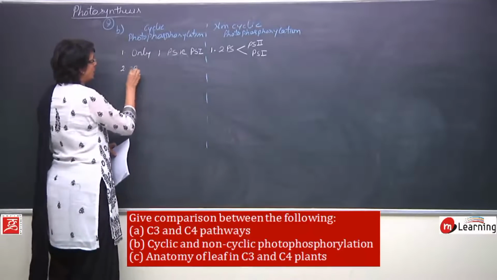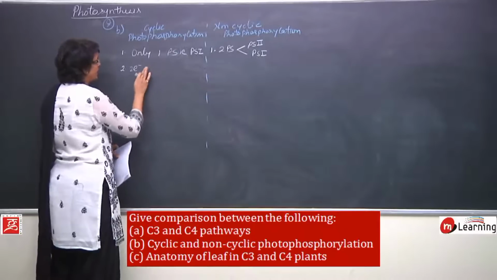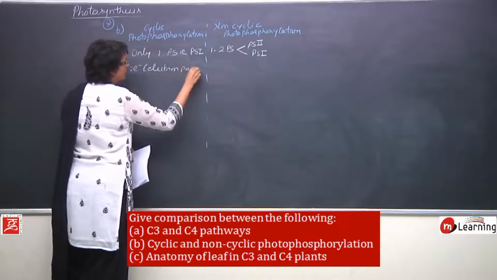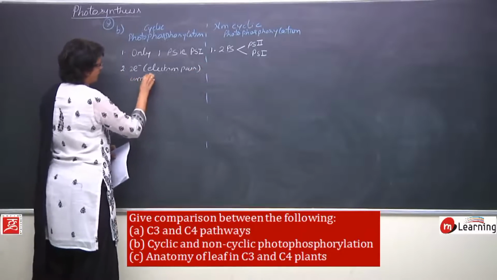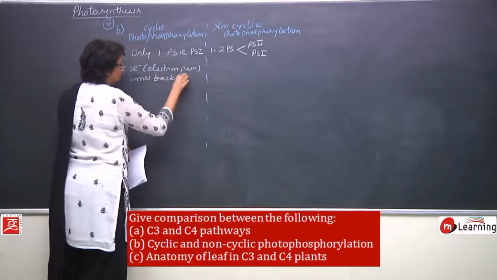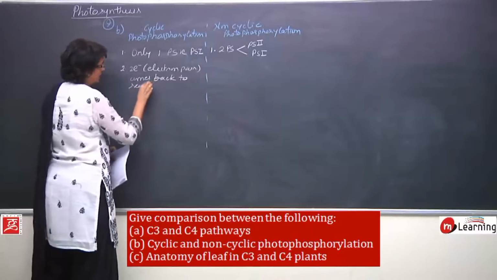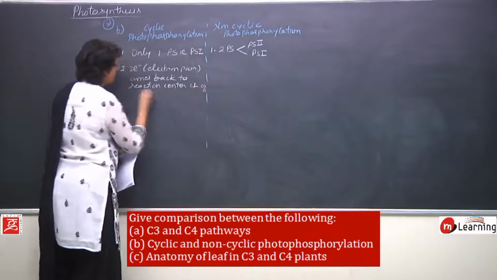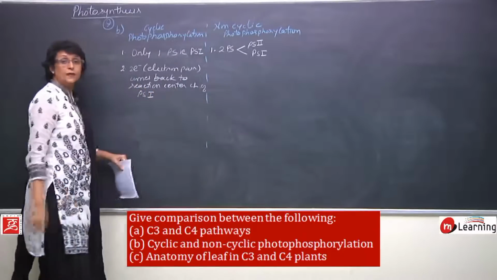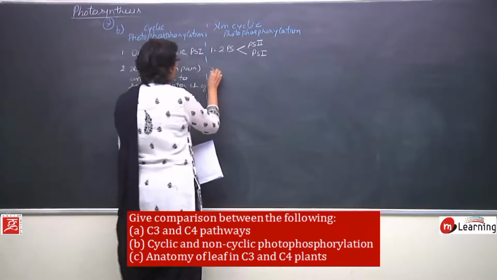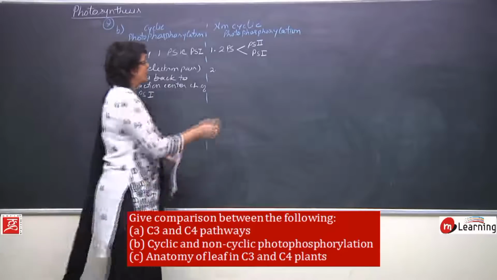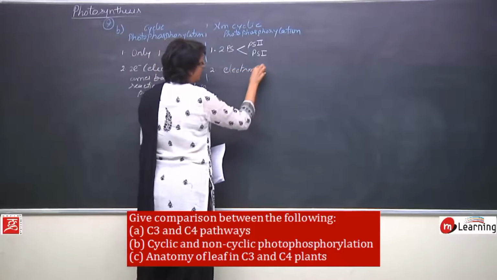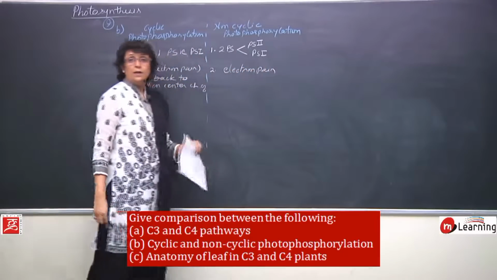So, the electron pair comes back to the reaction center chlorophyll of PS1. Whereas in case of non-cyclic, the electron pair never comes back.